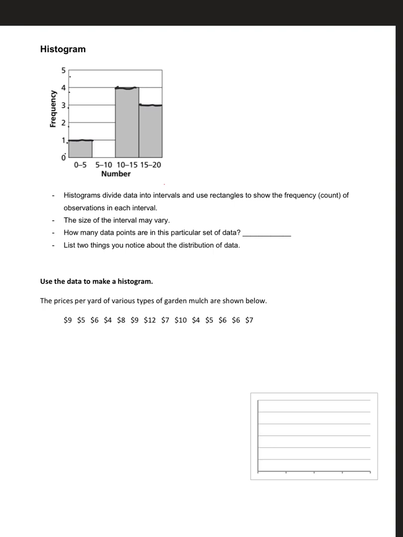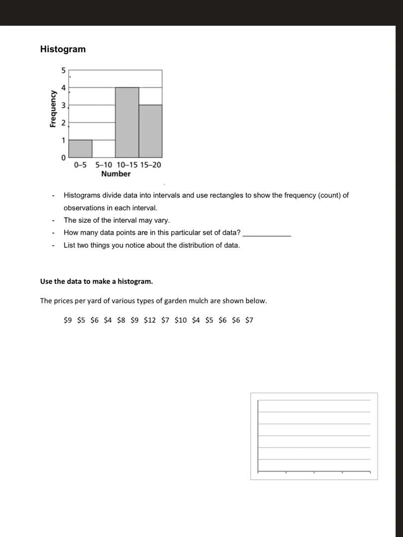The other thing that's different about the histogram is that we give a range for where the values fall in. So instead of putting every single data point like on the dot plot, on the histogram, we choose a range of values and total up everything within that range. We call those ranges or intervals where the data is recorded.